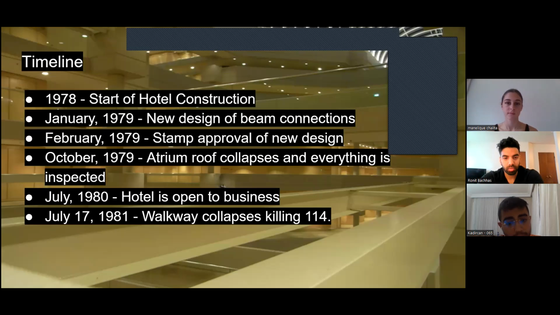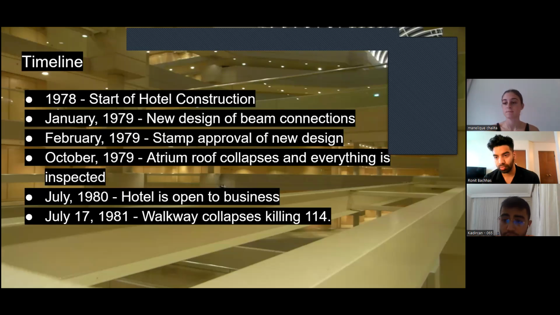But before that, I'm going to talk about the timeline too, because this gives us a better understanding of how there was negligence not only once but multiple times. The hotel started the construction in 1978, and in January 1979, the new design of the beam connections was offered by the steel contractors.